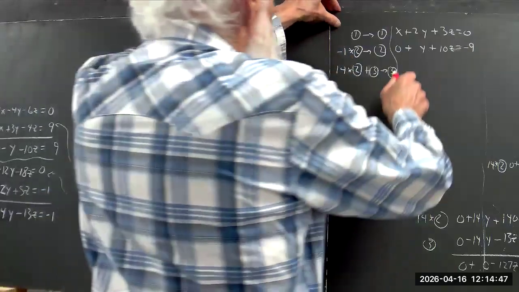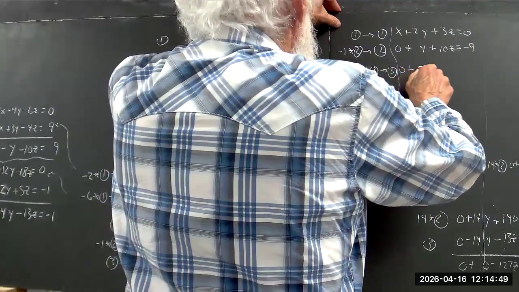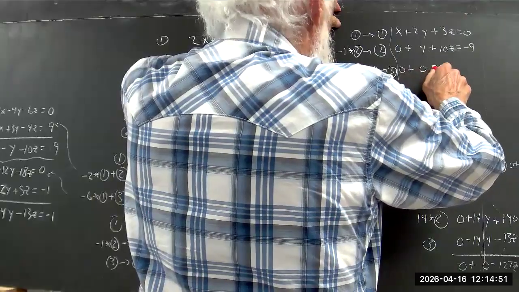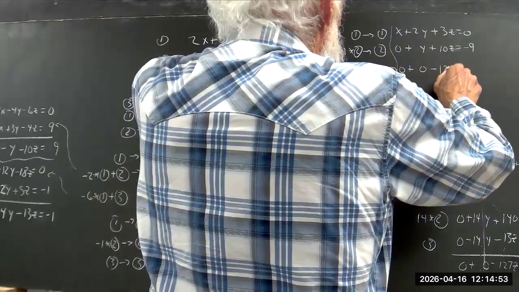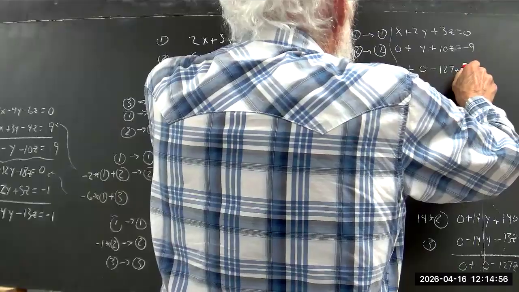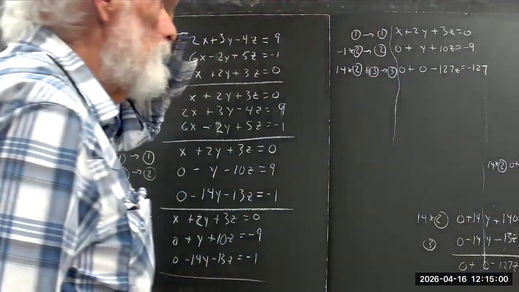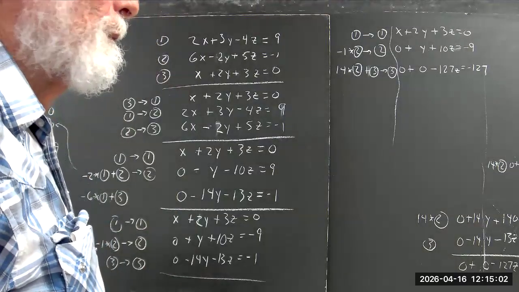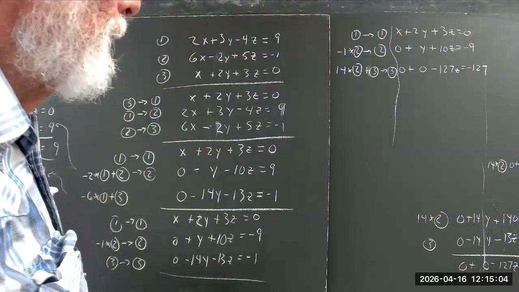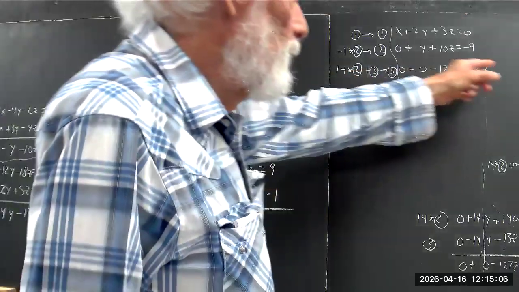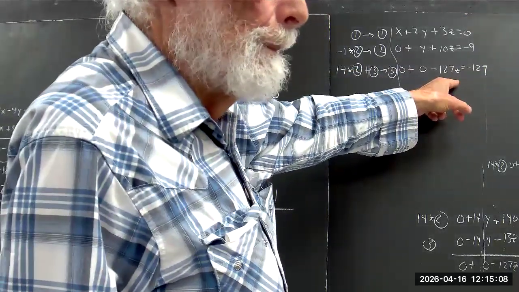So now I have 0 plus 0 minus 127z equals negative 127. Okay, well, that's convenient because this is an equation I can easily solve for z.